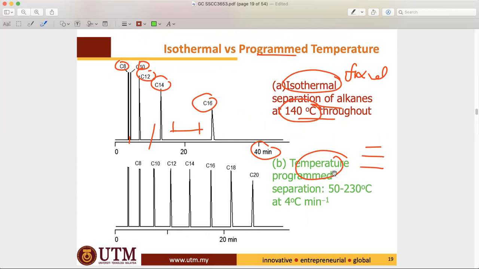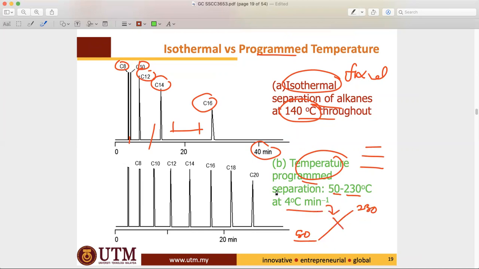So when you apply temperature programming, the programming here is 50 Celsius to 230 Celsius at 4 Celsius per minute. It means it is set at 50 Celsius and then you have a ramp until 230 Celsius. The ramp value is 4 Celsius per minute.